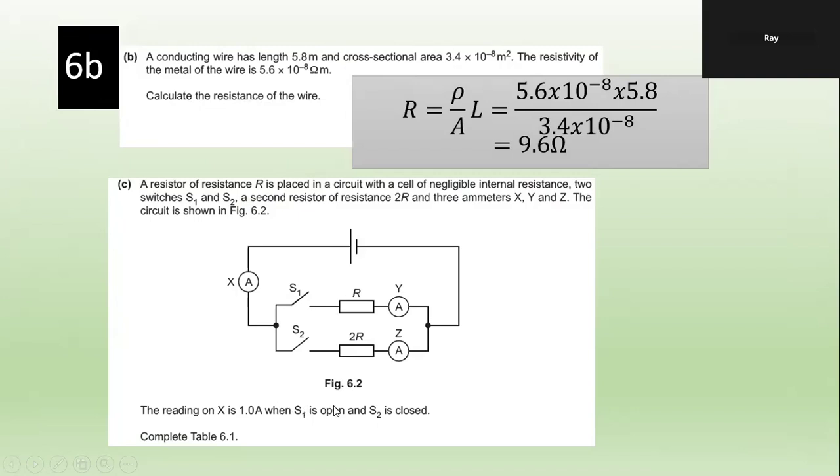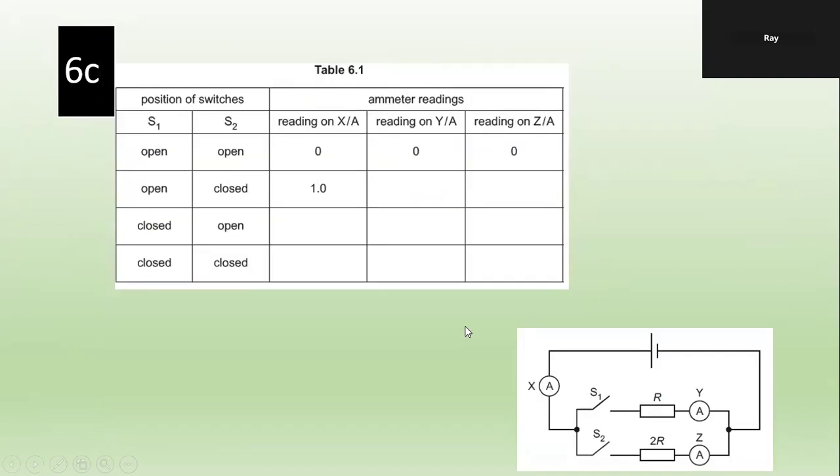When S1 is open and S2 is closed, complete the table. What should be the reading on Y? And then 1.1.